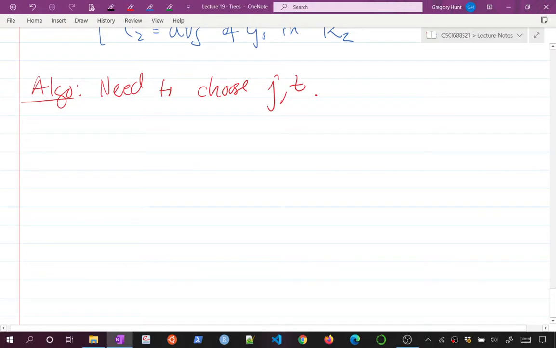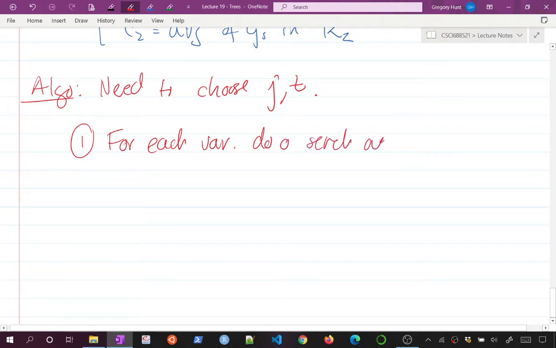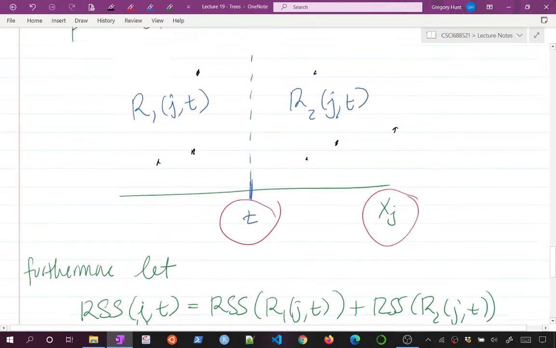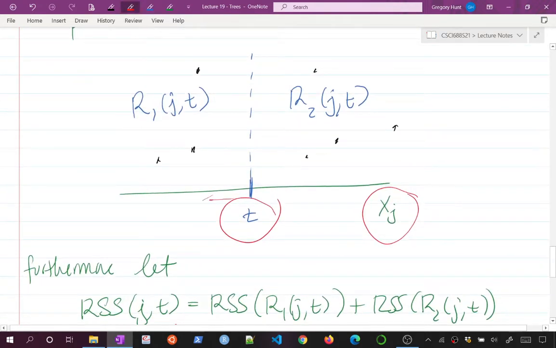And basically, we're just going to do a search. So the answer is, one, for each variable we're going to do a search over possible t values. One way to think of that, in this diagram here, is moving t back and forth.